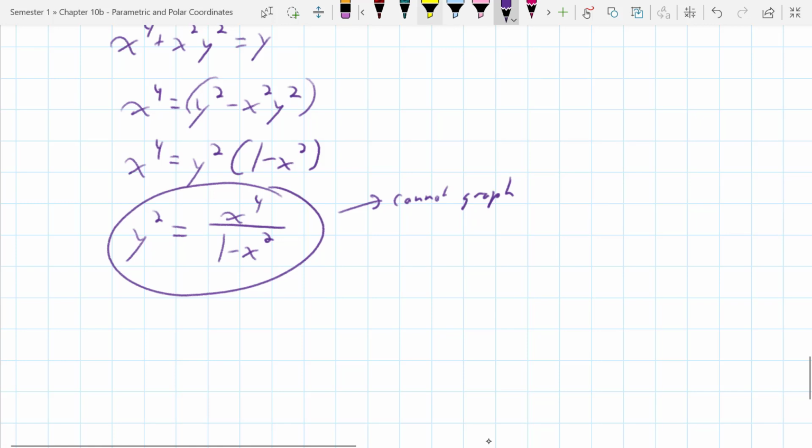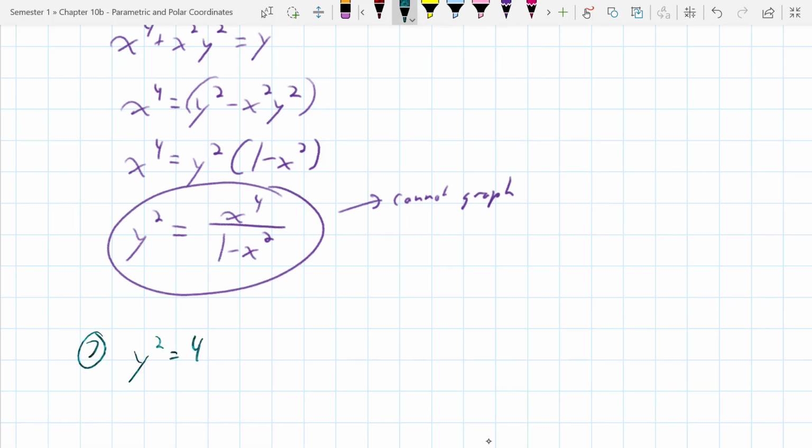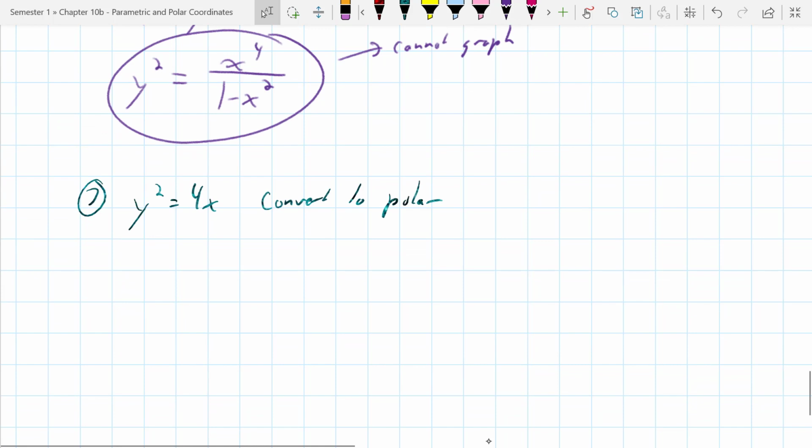Okay, next one. We're going to do y squared is equal to 4x, and we're going to convert to polar. Well, converting to polar is a lot easier than converting to rectangular. So all I have to do is substitute r sine theta and r cosine theta. So if I substitute, r squared sine squared theta equals 4 r cosine theta.